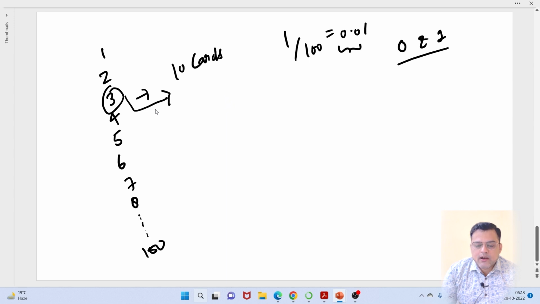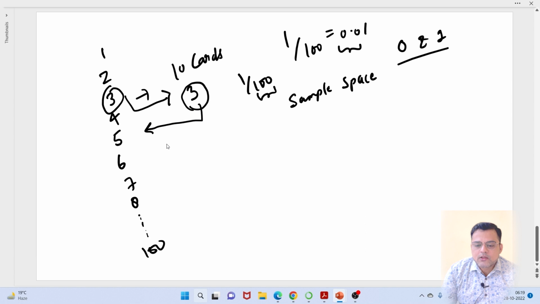I have pulled a card with number 3. So my probability of getting card 3 is 1 by 100. What is this 100? This 100 is the total number of items. It is also called the sample space. Now if I am not putting this card back, my sample space will reduce to 99. So for the next card I pull, the probability is 1 by 99.